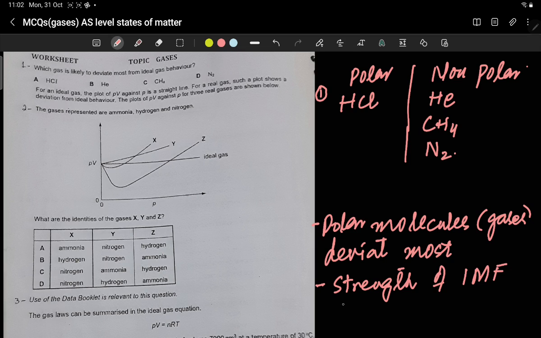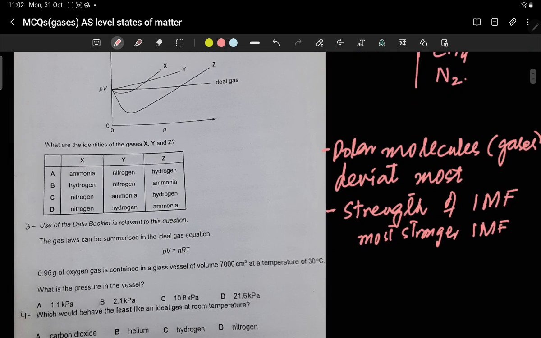The gas which has stronger intermolecular forces deviates most, and vice versa.